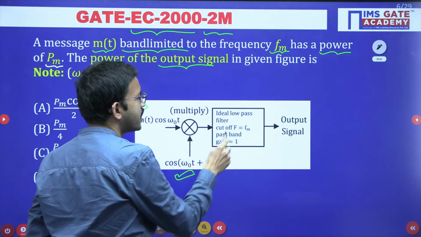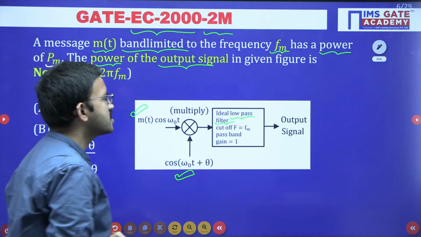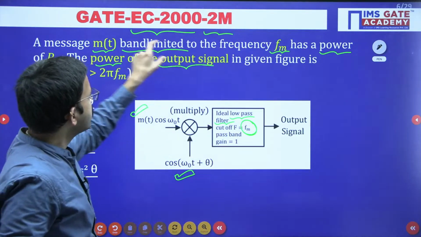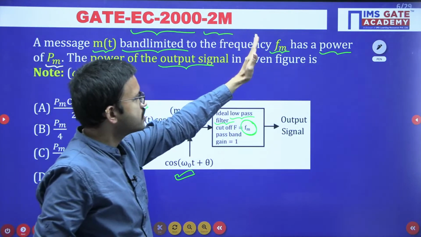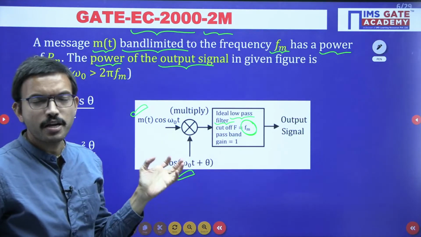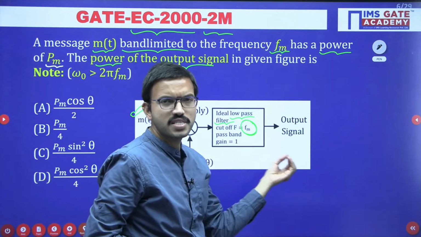That output we are passing through a low pass filter which is having the cutoff frequency FM. That means whatever the modulating signal frequency you are having, the same frequency we have given as the cutoff, so that means we are extracting the modulating signal or message signal at the receiver.